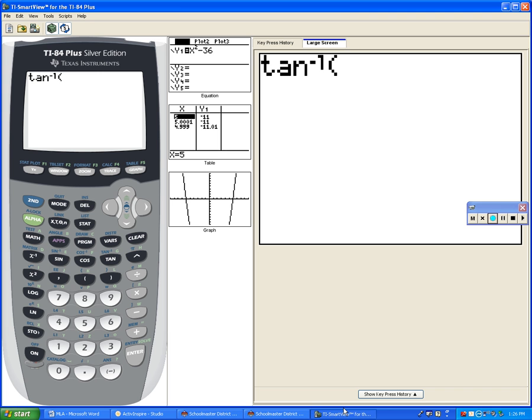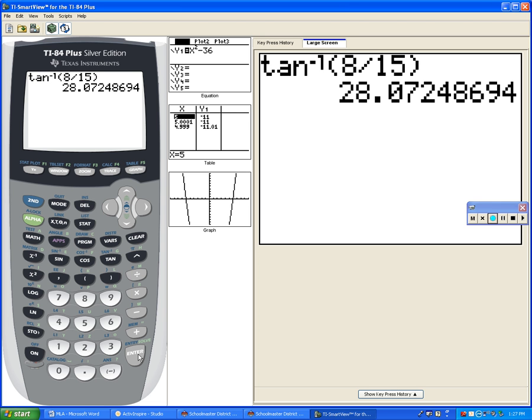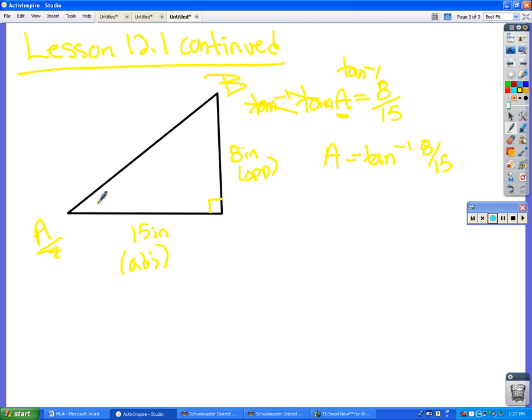So you type in 8 divided by 15, and you get that that angle has to be about 28 degrees. Okay? So A is 28 degrees.